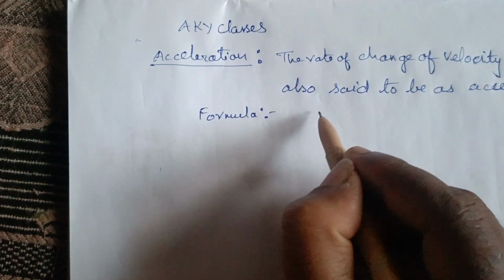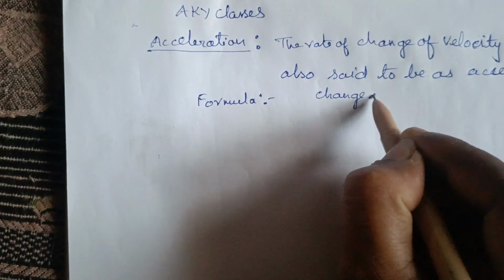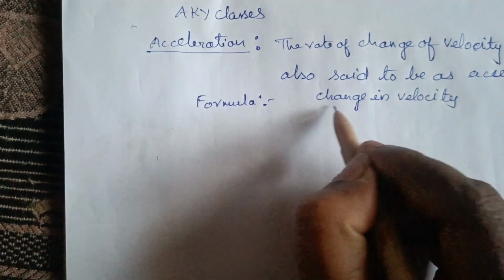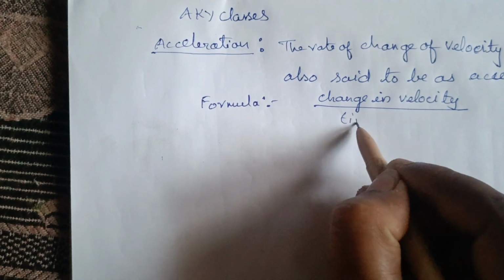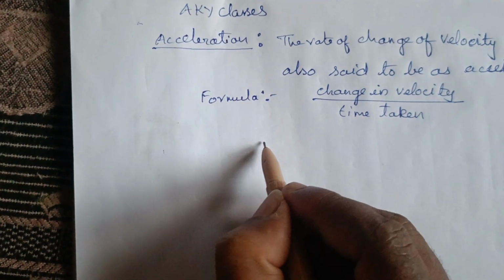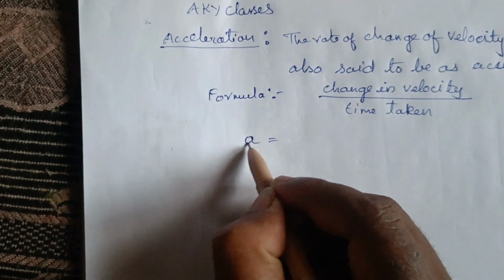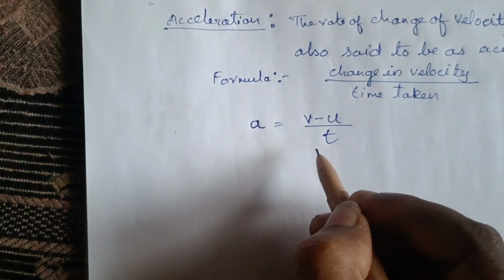The formula is change in velocity divided by time taken. We can write the equation as a equals v minus u divided by t.